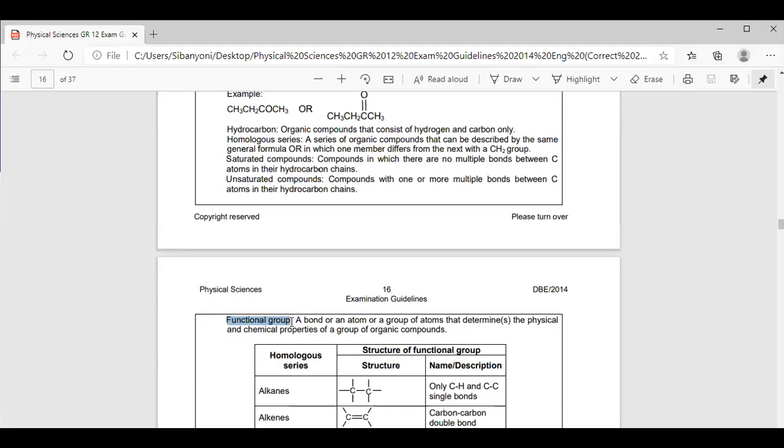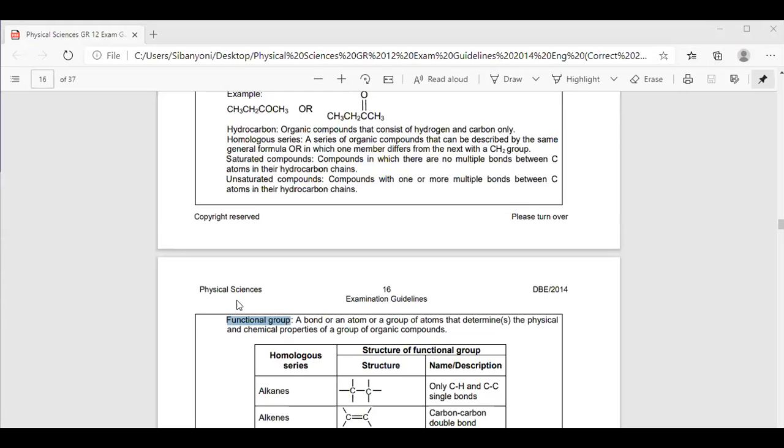And remember, it is a bond or an atom or a group of atoms that determine the physical and chemical properties of a group of organic compounds. Now, what we definitely know, my dear learners, in simple terms, is that a functional group is a part of the molecule that we look at, and we can use it to identify to which homologous series a particular molecule belongs.